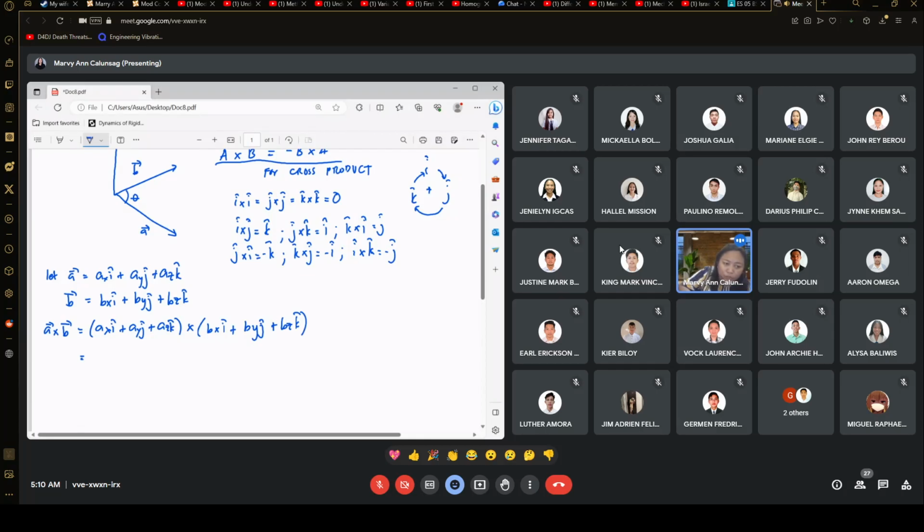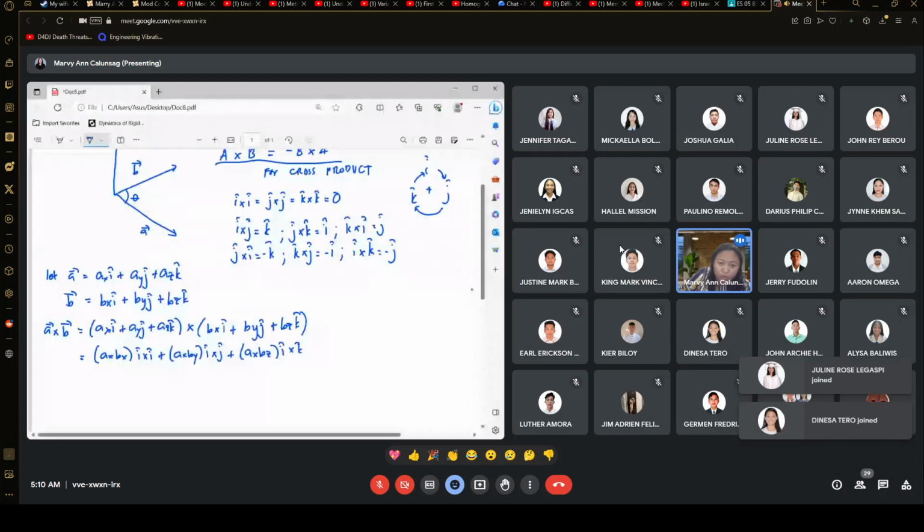So, please check if it is correct. Okay, let us have this one. We have AX BX, I cross I, plus AX BY, I cross J, plus AX BZ, I cross K. Again, kindly recheck in case I am wrong.